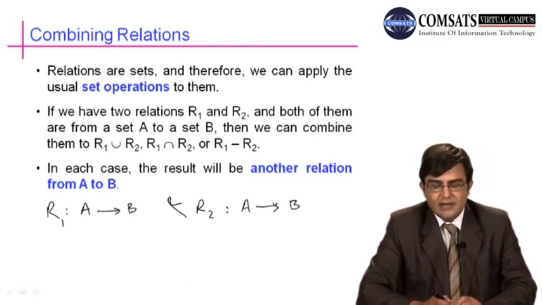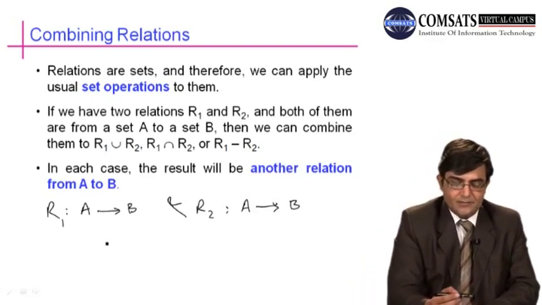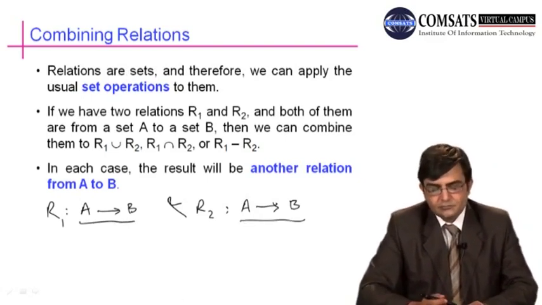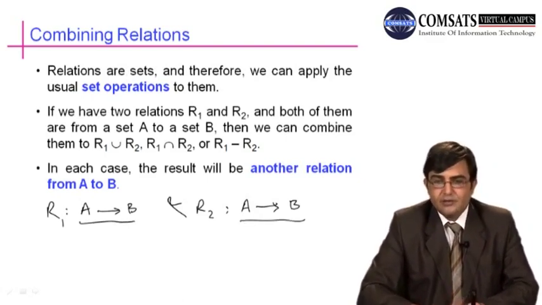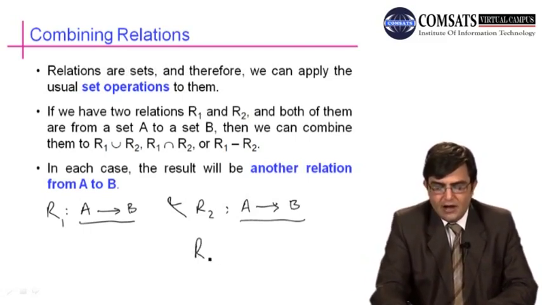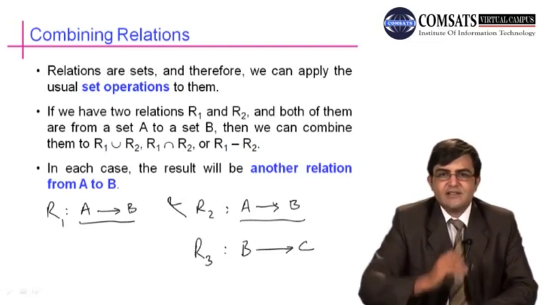One thing to remember when combining relations, if we want to take the union or intersection of any two relations, is that these relations must be defined on the same sets. R1 is defined from A to B, R2 is defined from A to B. If here we have R3 which is defined from B to C, now we cannot take R1 intersection R3.